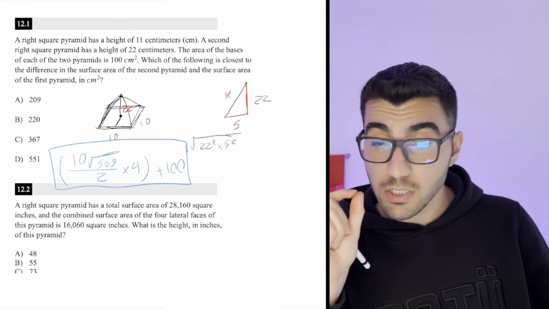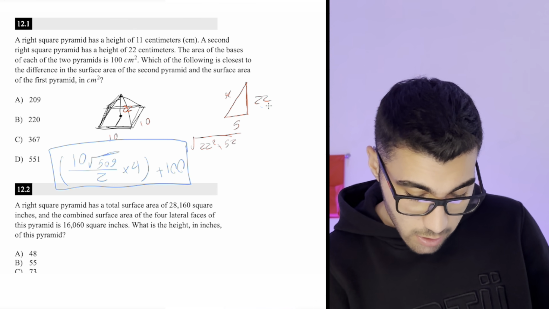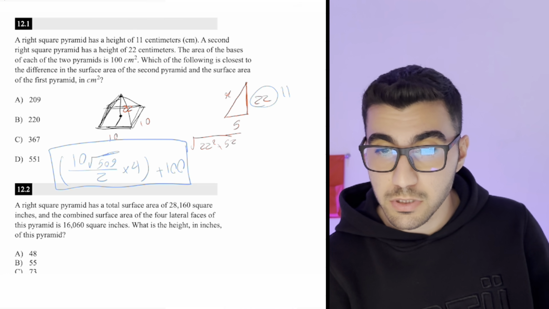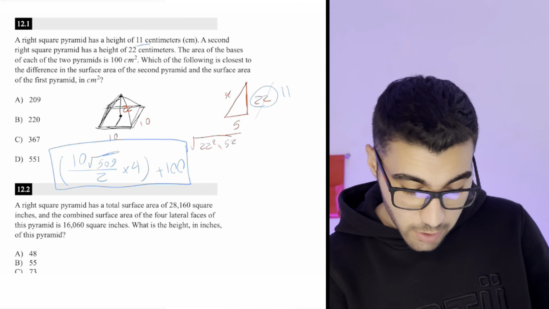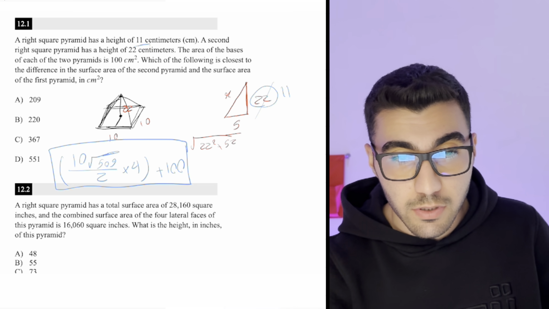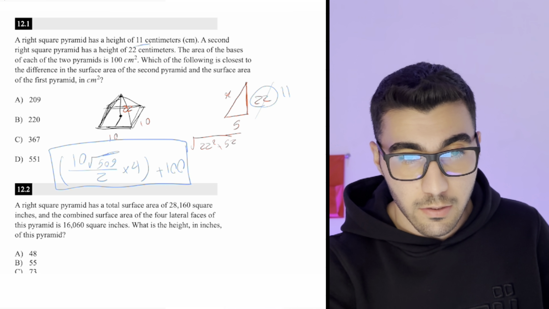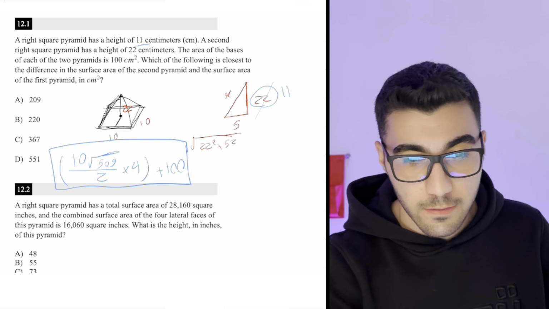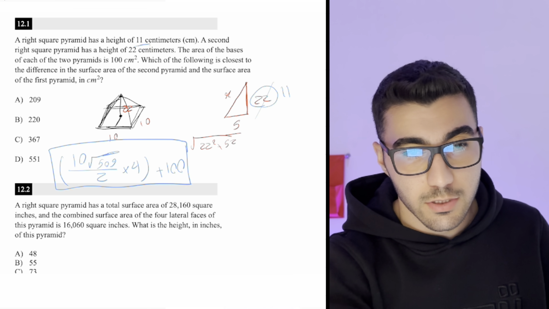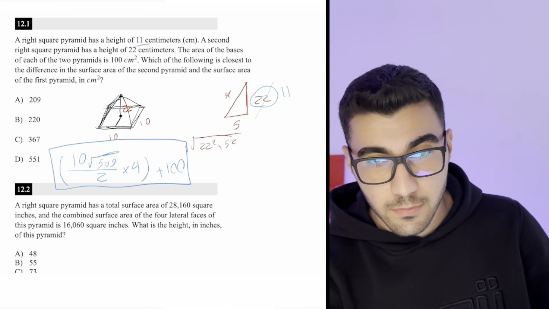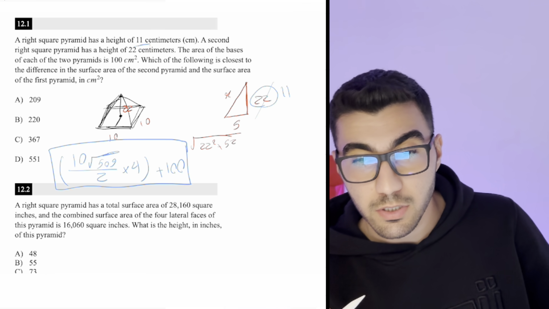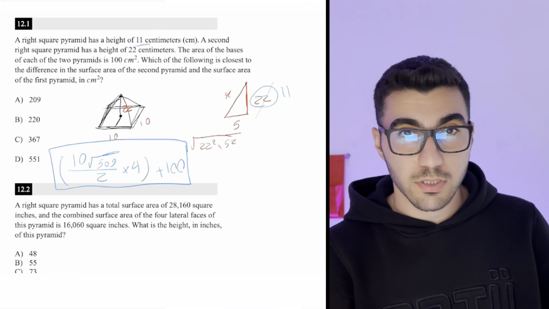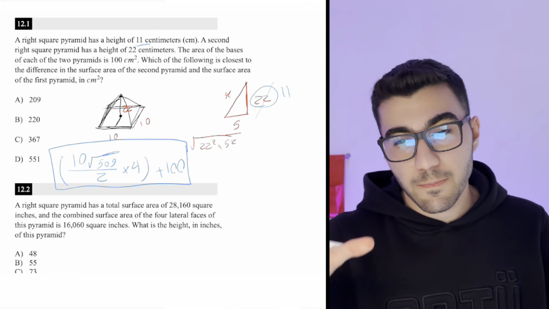For the second one, we're going to do the same thing, except here it's 11 rather than 22. So let's write 11 squared rather than 22 squared. You get 146. We get the same thing because the base of the first one is also 100 square centimeters, so each side is 10.